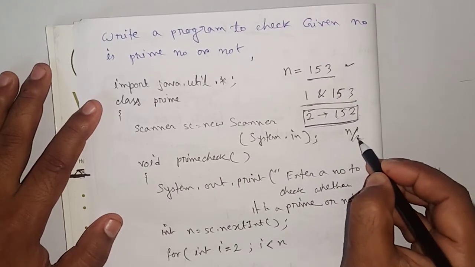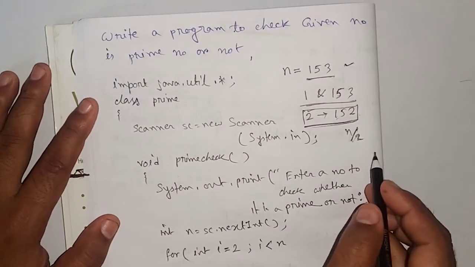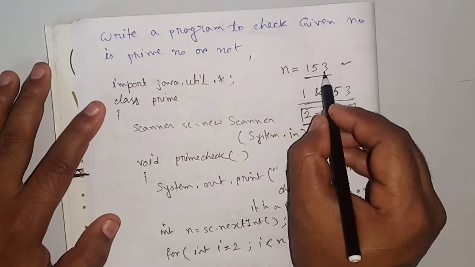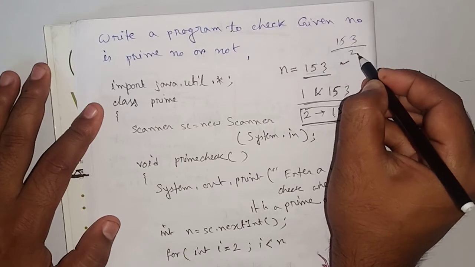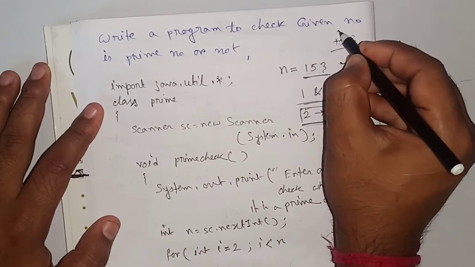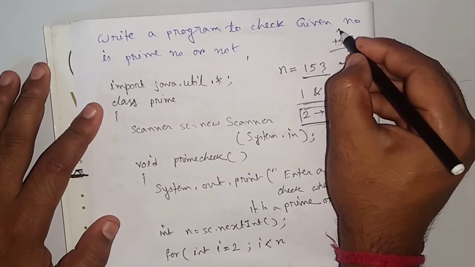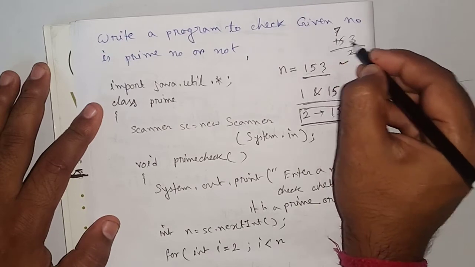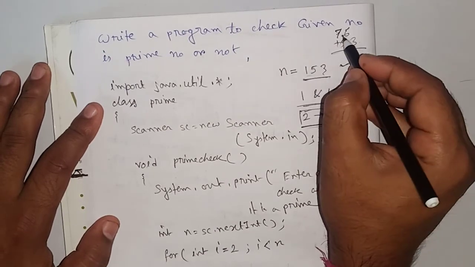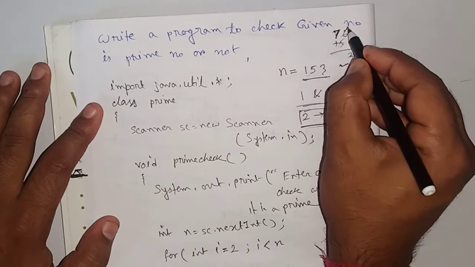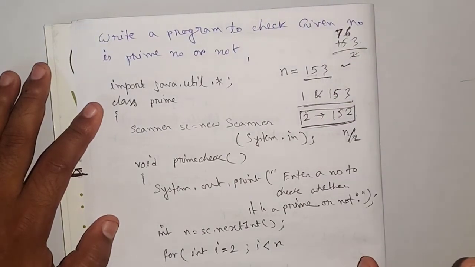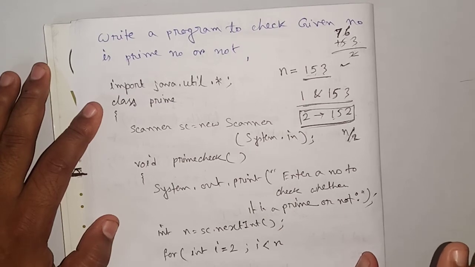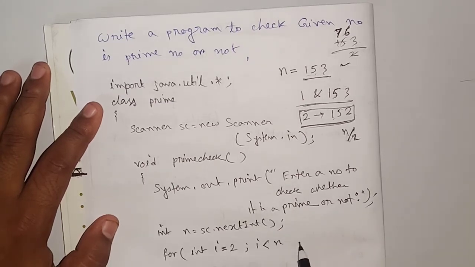What is the difference? n by 2 means 153 by 2, which is 76. After 76, no one can divide this number, so it's not possible. So we can write n by 2 or n.